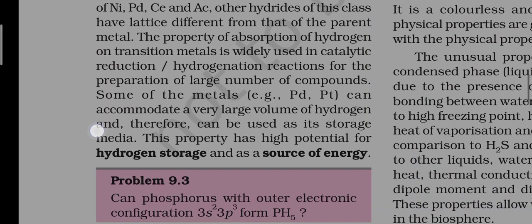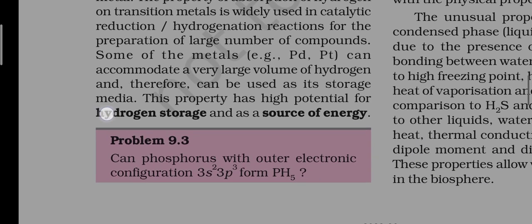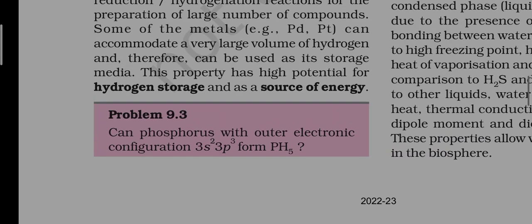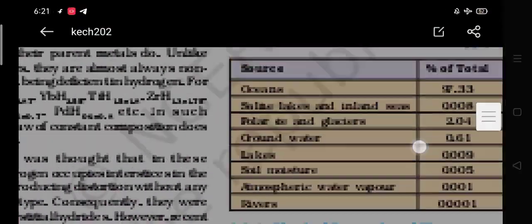The property of absorption of hydrogen on transition metals is widely used in catalytic reduction or hydrogenation reactions for the preparation of a large number of compounds. Some of the metals, for example palladium and platinum, can accommodate a very large volume of hydrogen and therefore can be used as its storage media. This property has high potential for hydrogen storage and as a source of energy.